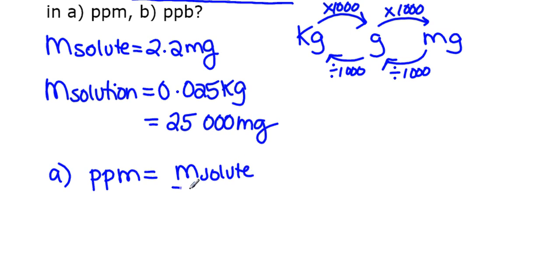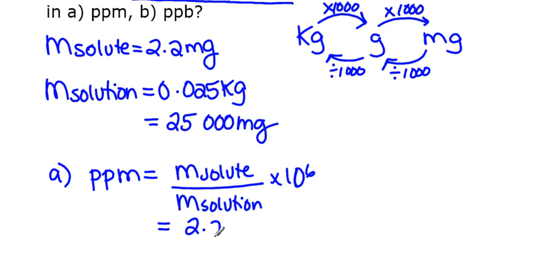So here we need mass of solute over mass of solution times 10 to the power of 6. So I take my 2.2 milligrams divided by 25,000 milligrams multiplied by 10 to the power of 6.